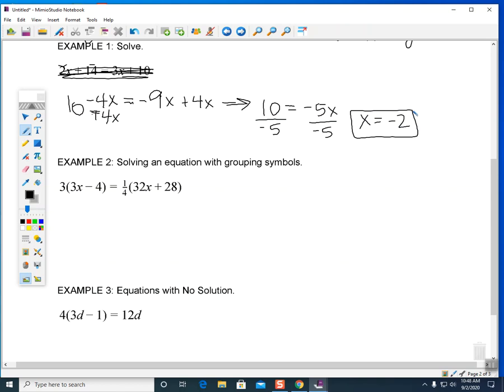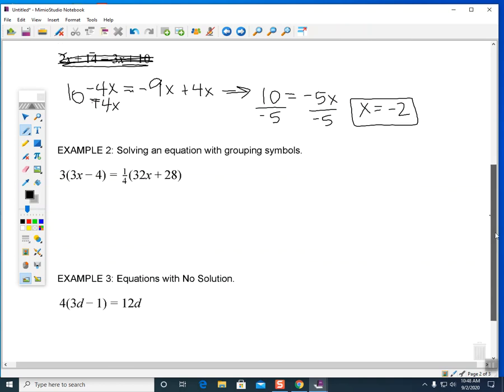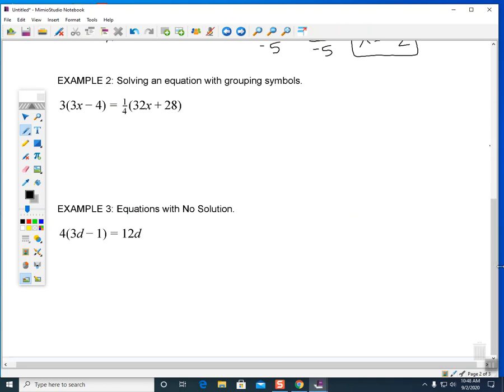Okay, this next one we're using grouping symbols. We are going to be looking at distributing now. When I distribute, we learned about this in 1.2, I'm going to bring my 3 to both terms.